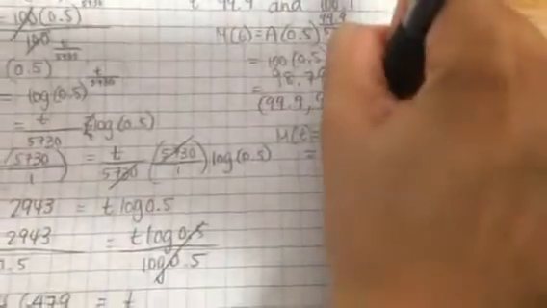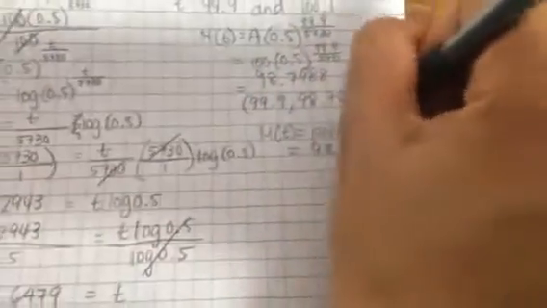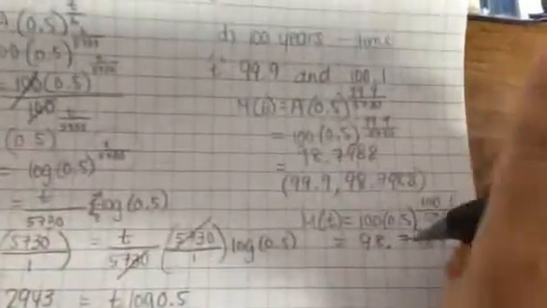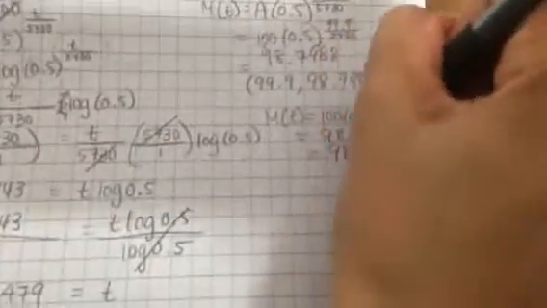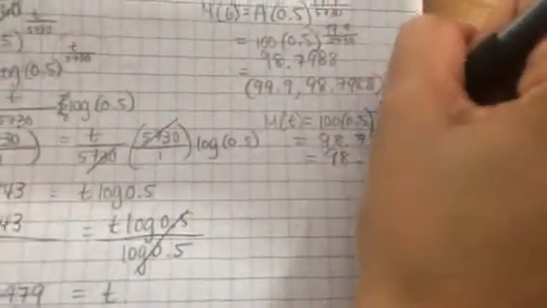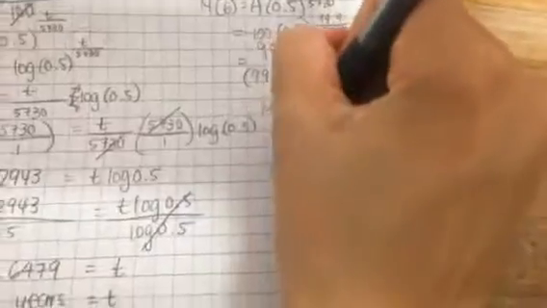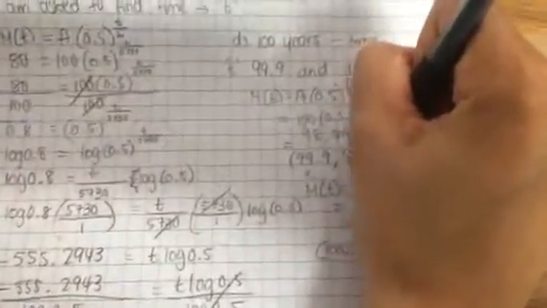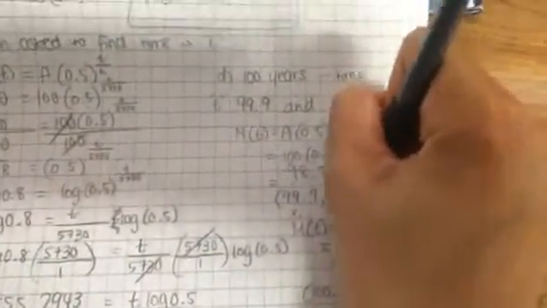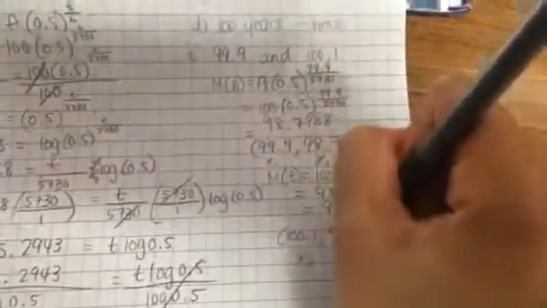Okay, so just round this to 2 decimal places, so 98.80. Okay, so 100.1, 98.80 is my x1, y1 coordinate, and this is my x2, y2 coordinate. Okay, so now I can plug this into the instantaneous rate of change formula.